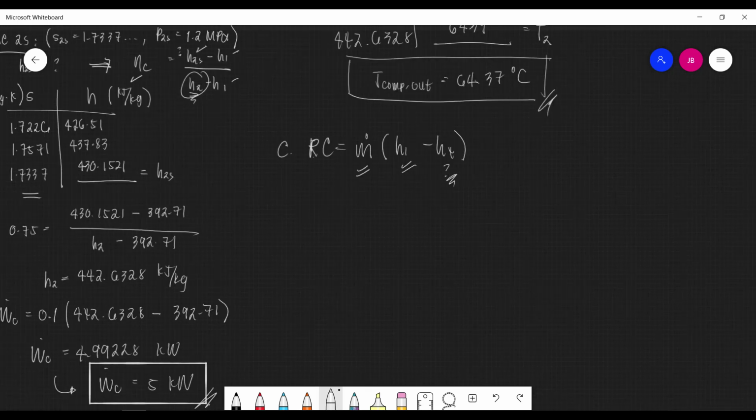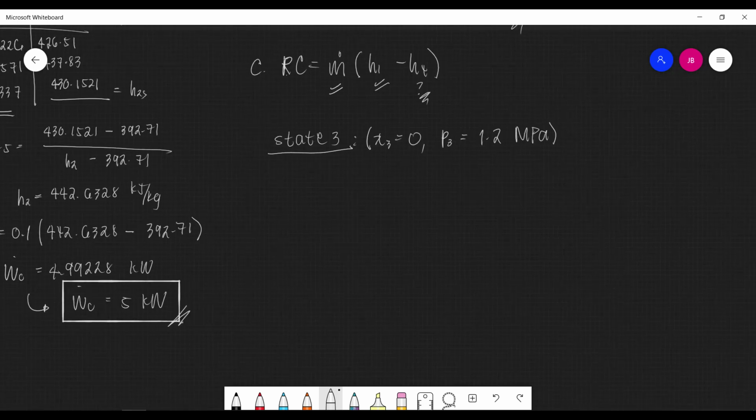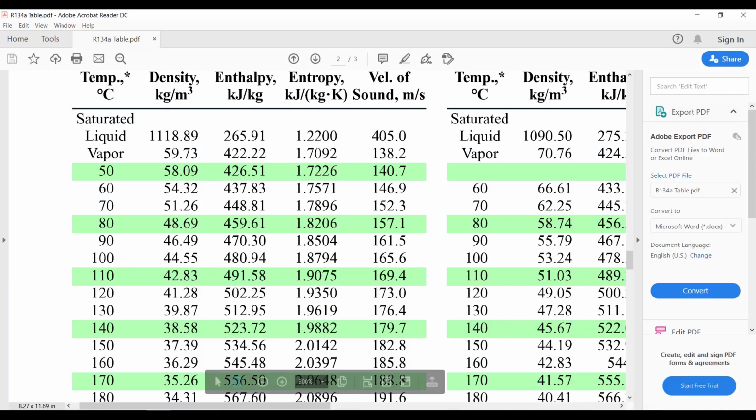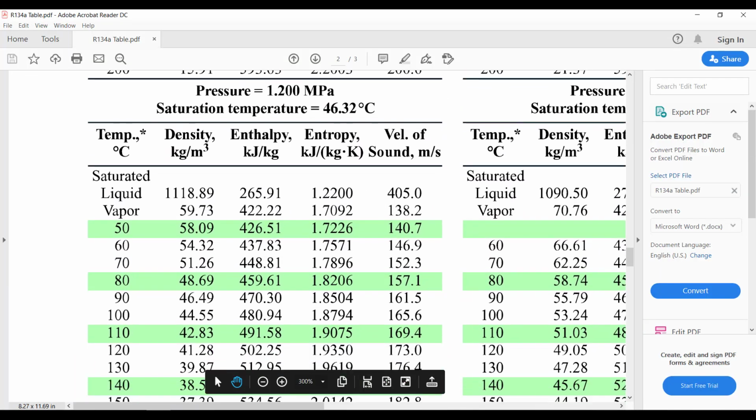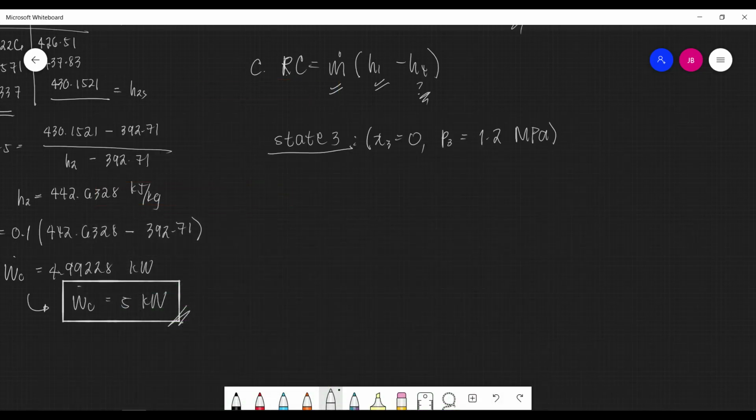We know that state 3 has a quality that is equal to 0 because it's saturated liquid, and the pressure at state 3 is equal to 1.2 megapascals. Okay, so let's consult our thermodynamic table. We have our 1.2 megapascals over here, and our saturated liquid enthalpy is 265.91. So we have H3 is equal to Hf at 1.2 MPa.